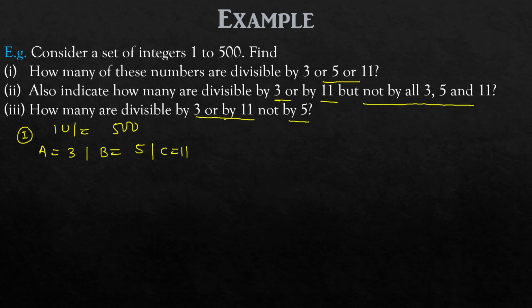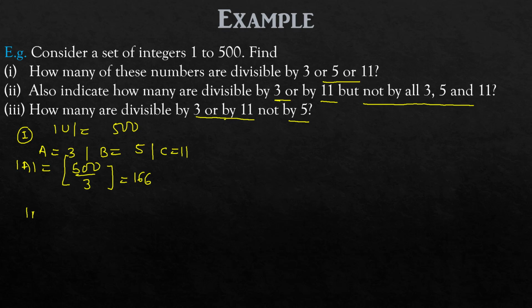Now here first we have to find the cardinality of A, cardinality of B, cardinality of C, then intersection between A and B, intersection between A and C, and so on. So first of all we have to find the cardinality. Number of A is equal to, if it is an example of numbers, then total number divided by what A is divisible by, 3. So 500 divided by 3, we get 166.